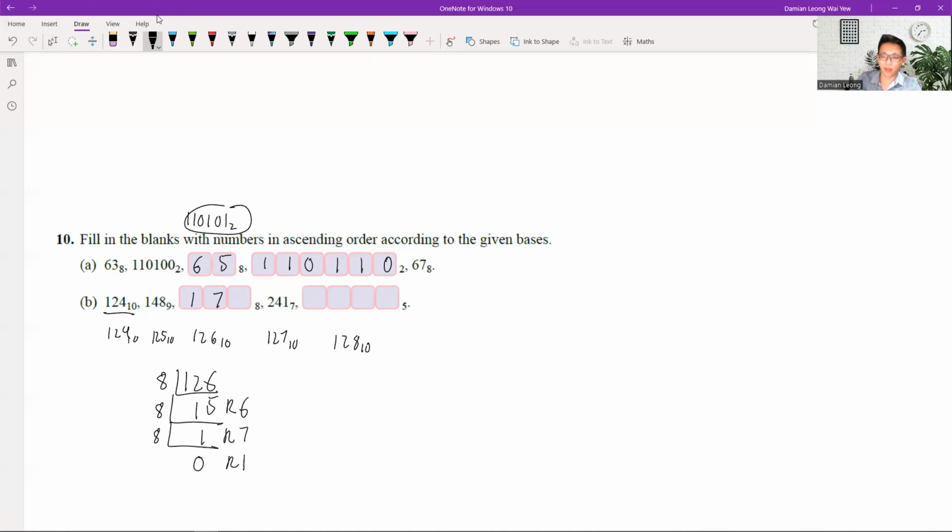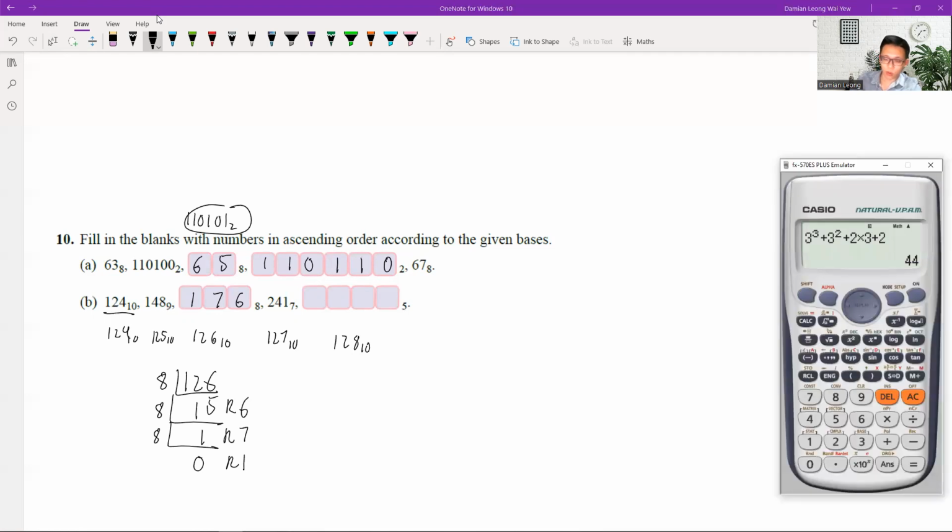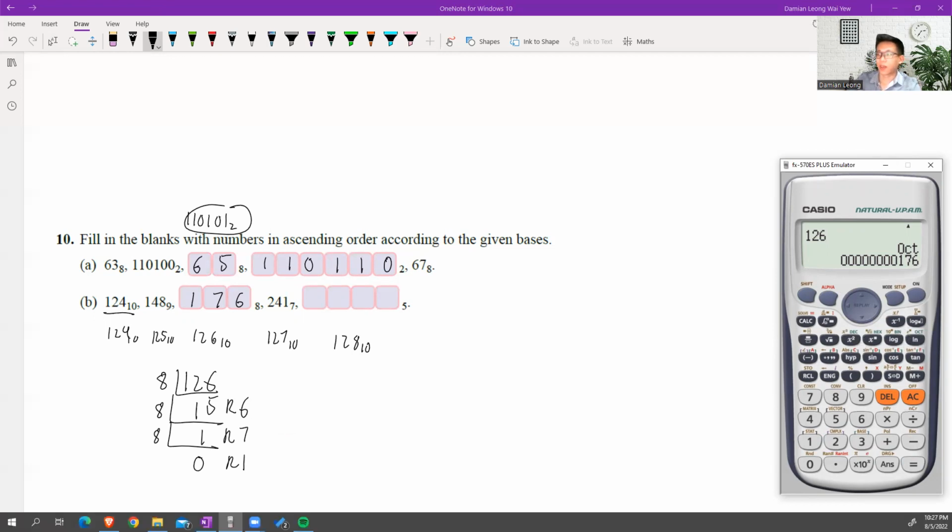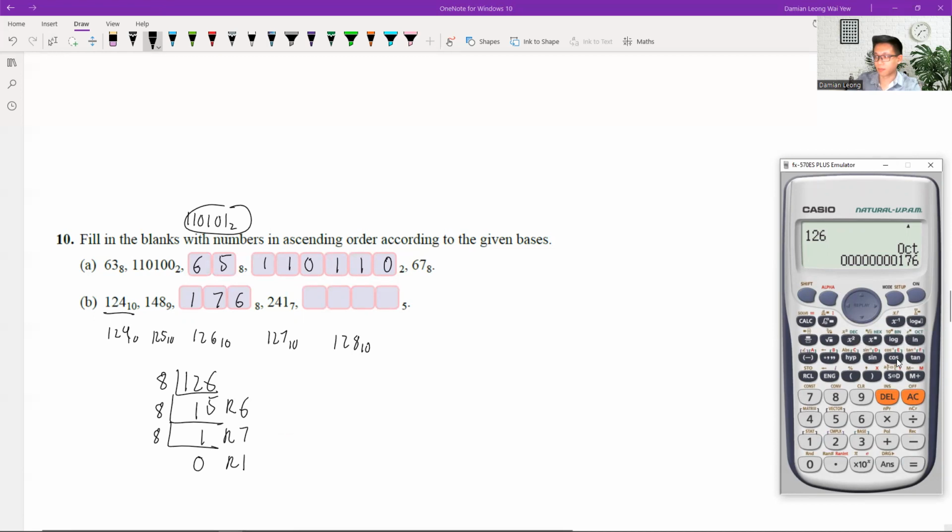So it's 176. If you're not sure, you can also use the calculator: decimal 126, binary, octal, 176. You can see it's the same value, right?